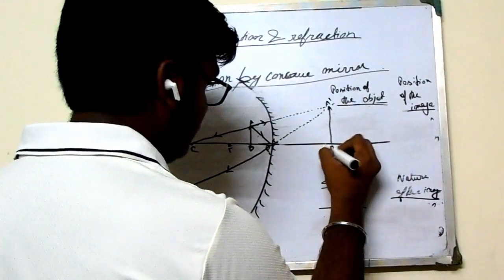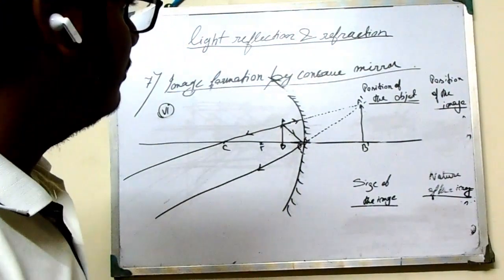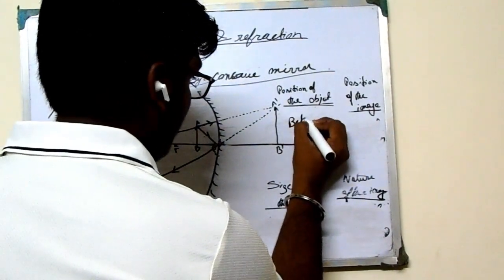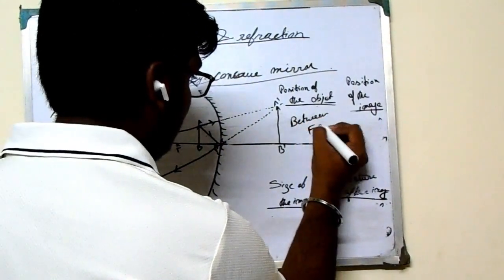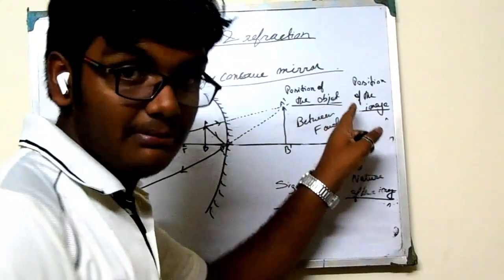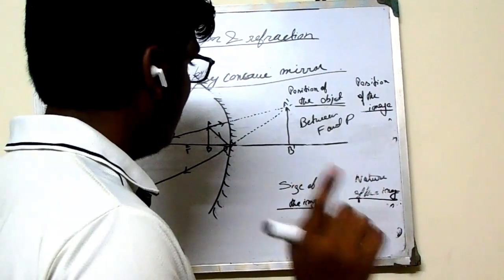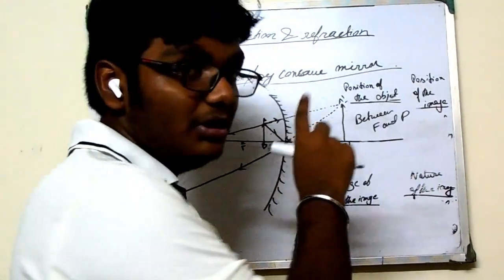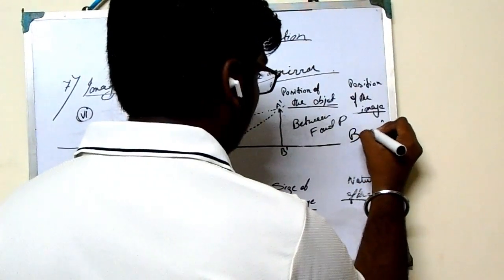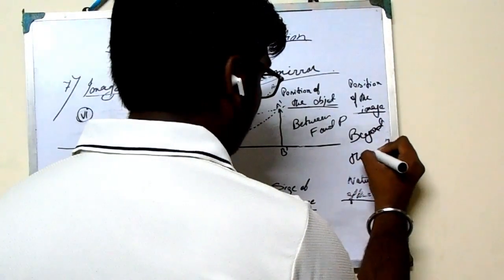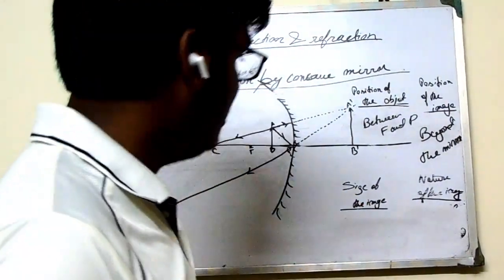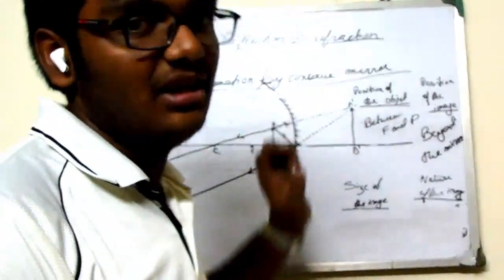A dash, B dash. Position of the object: between F and P. Position of the image: beyond the mirror. Size of the image: enlarged.